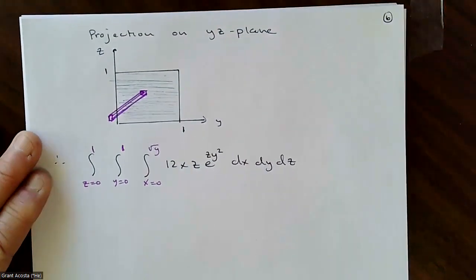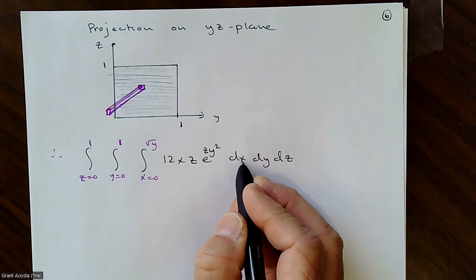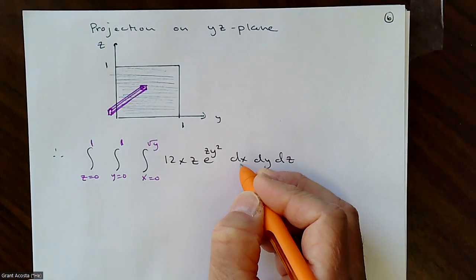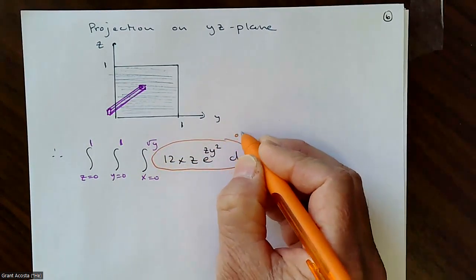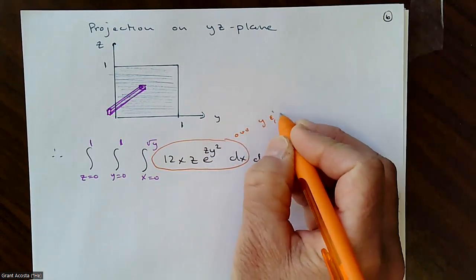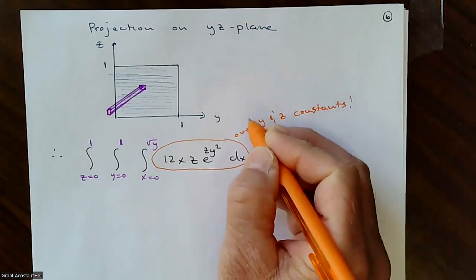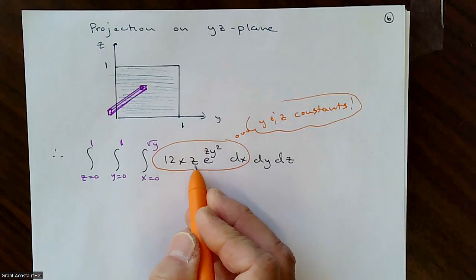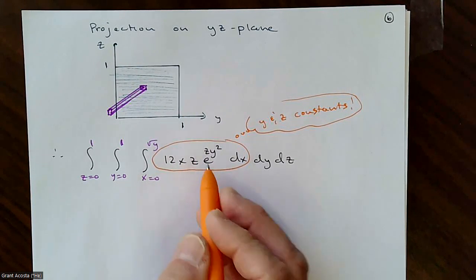Let's see why this is going to work out better for us. Because I'm integrating with respect to x, so right here, this means y and z are constants. So if y and z are constants, just like with derivatives, because they're multiplied by x, they just stay there.